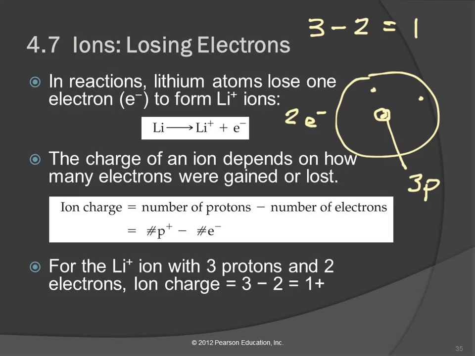So the charge on the lithium ion is +1. And so here's the lithium ion, and what came off of it was 1 electron. The charge on the ion depends on how many electrons were gained or lost. For every electron that you lose, the charge becomes one more positive.